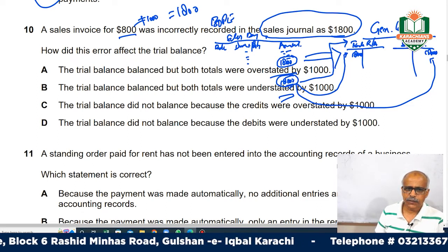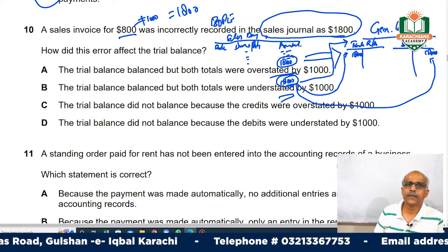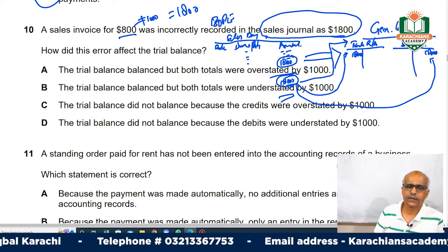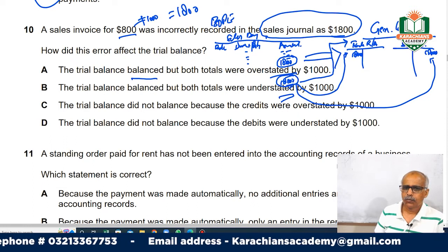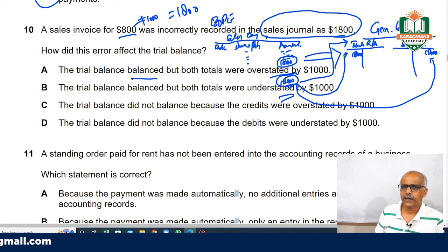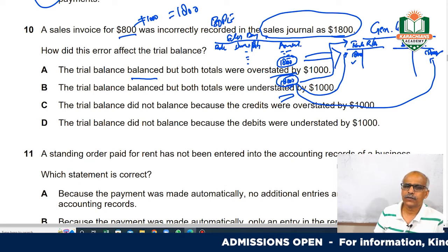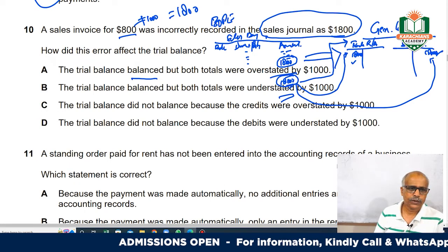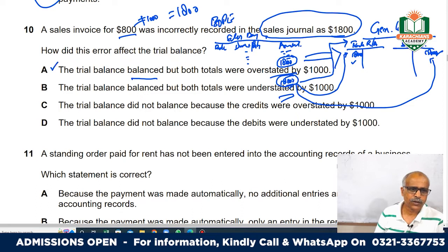The trial balance balanced means in agreement, no difference. So this is correct, but both totals were overstated by 1800. It seems good because here the debit side is increased by 1800 and the credit side is also increased, and the trial balance, as I explained to you, balances. So this option looks okay.